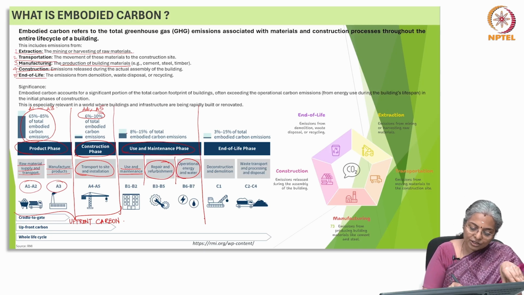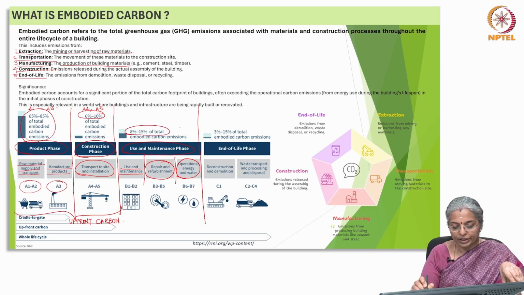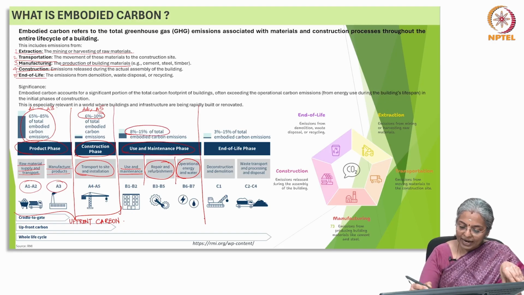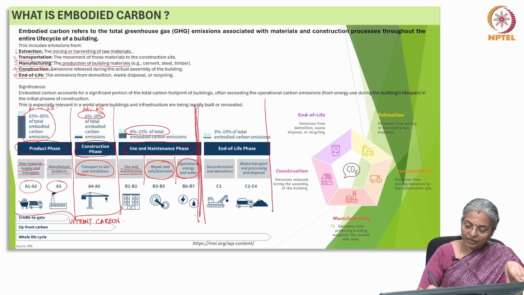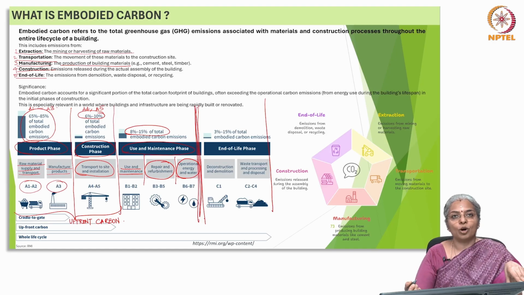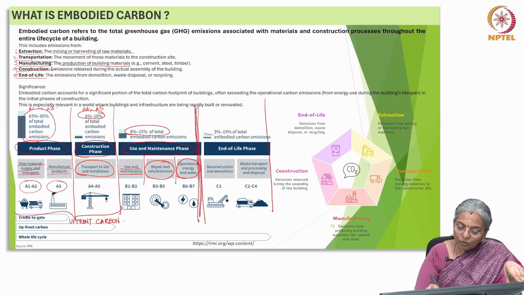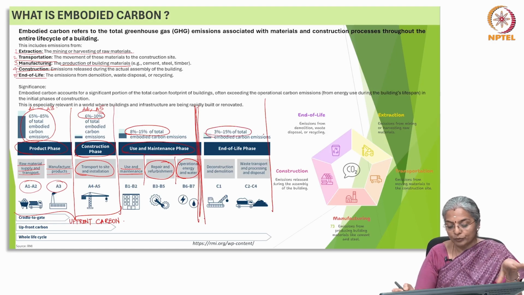So, this constitutes about 8 to 15% of total embodied carbon emissions. And then we have the end of life phase, where, once the building is used and you want to demolish it, about 3 to 15% of the total embodied carbon emissions is consumed.